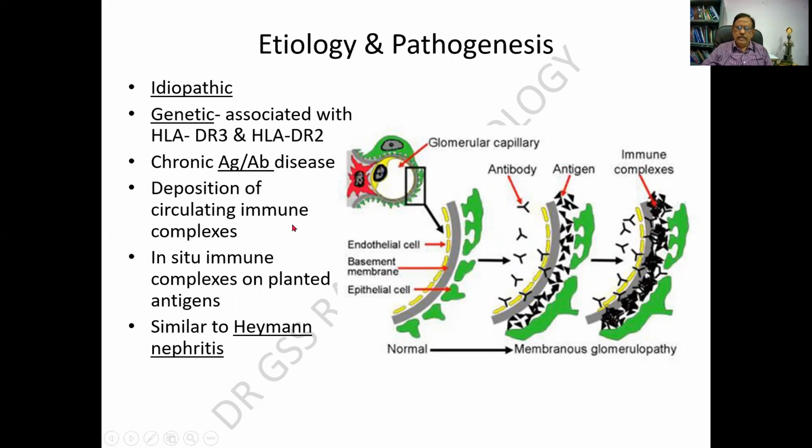There is a deposition of the circulating immune complexes in this case. And in certain other cases, you find the pathogenesis is somewhat similar to the Heymann nephritis. Heymann nephritis is in between the cells, you will be finding the deposits of complexes of antigen antibody. Once this is there, there is inflammation and the damage.